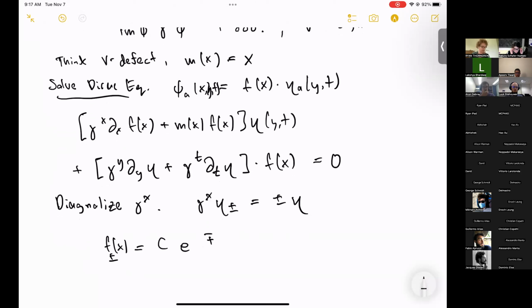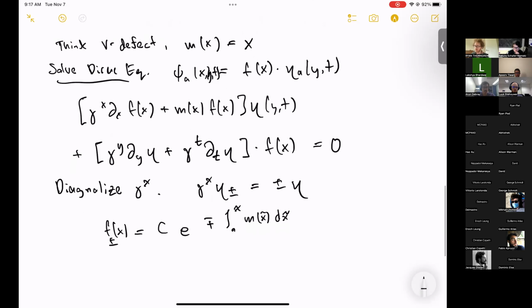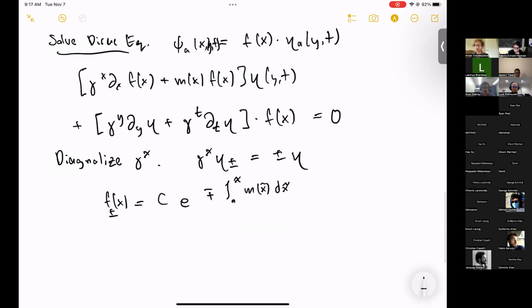So let's call it f plus minus, of the integral from 0 to x of m of x tilde dx tilde. Okay, so for m of x equals x, this guy is some constant times e to the minus plus half x squared.